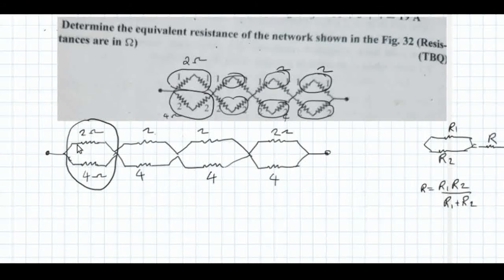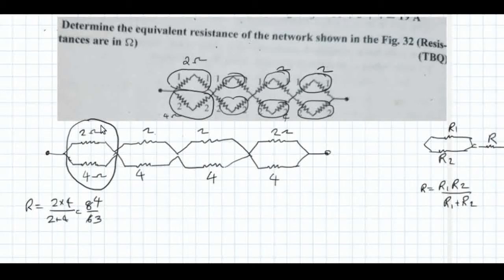For this part of the network, R1 is 2 ohm and R2 is 4 ohm. So 2 into 4 divided by 2 plus 4, that is 8 by 6. So this branch has a resistance of 8 by 6 ohm, which is equal to 4 by 3 ohm.